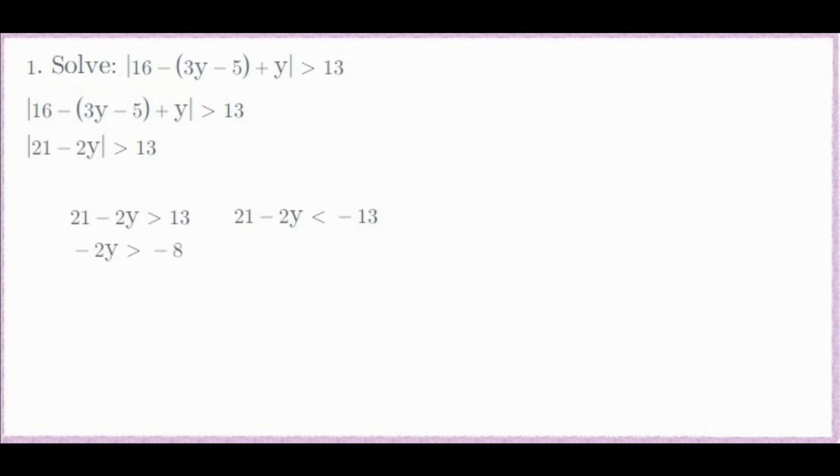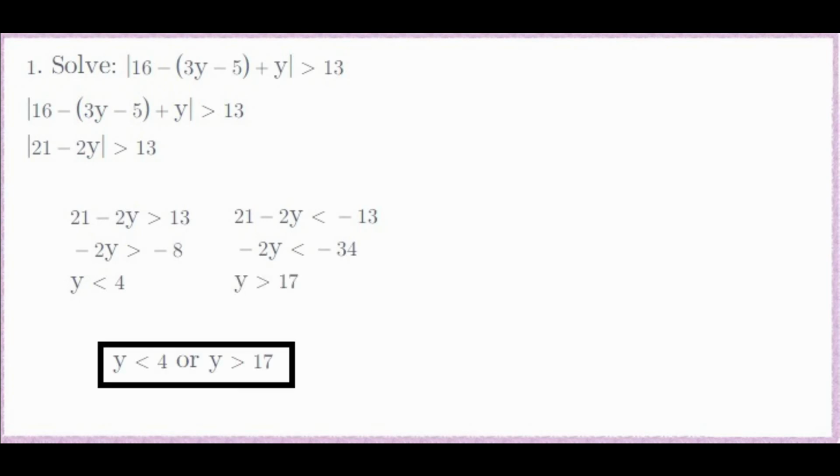So solving the greater than, we have negative 2y is greater than negative 8, y is less than 4. Solving the less than, we have negative 2y is less than negative 34, so y is greater than 17. So we say that y is either less than 4 or greater than 17.